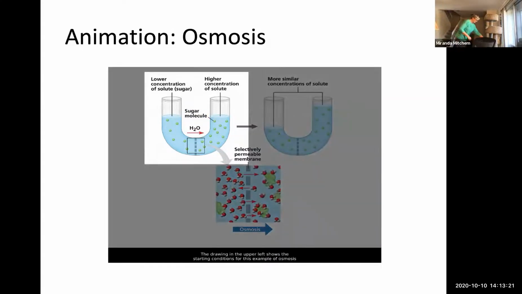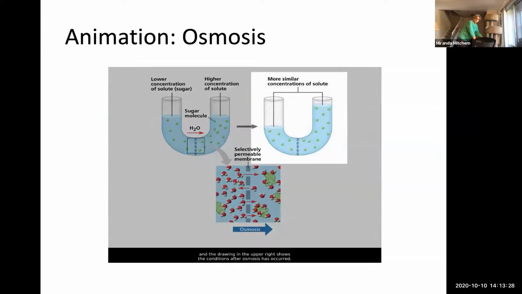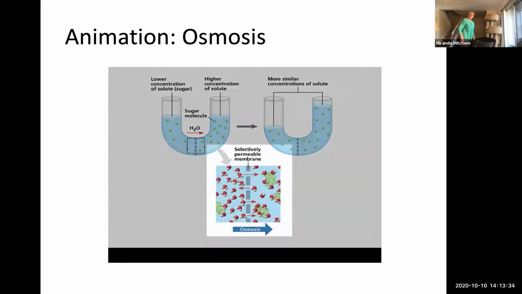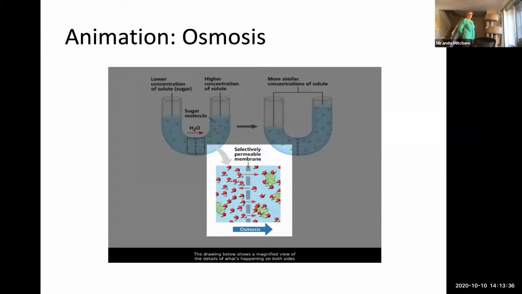The drawing in the upper left shows the starting conditions for this example of osmosis, and the drawing in the upper right shows the conditions after osmosis has occurred. The drawing below shows a magnified view of the details of what's happening on both sides of the selectively permeable membrane during osmosis.